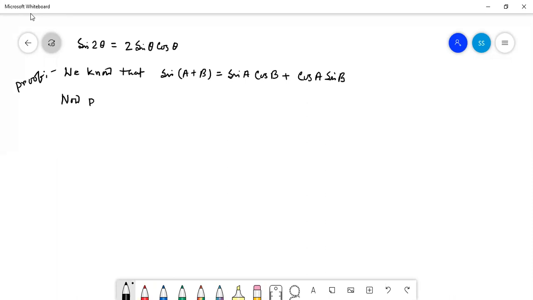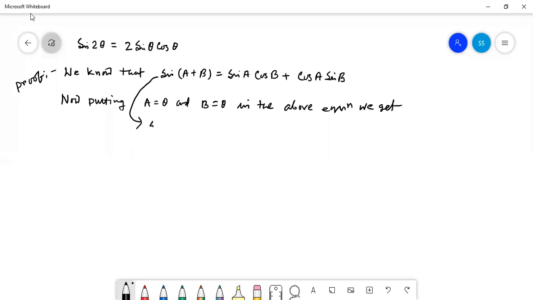Now putting a equal to theta and b equal to theta in the above equation, we get sine of a means theta plus b means theta is equal to sine a means theta cos b means theta plus cos a means theta sine b means theta.